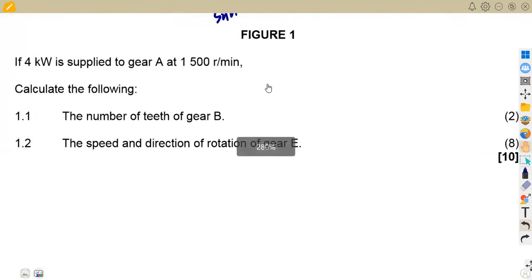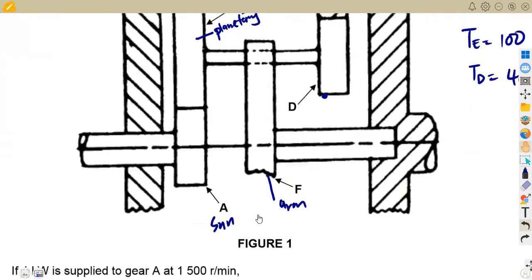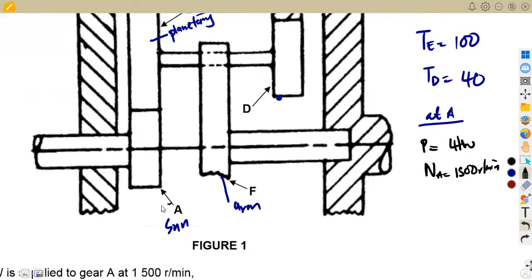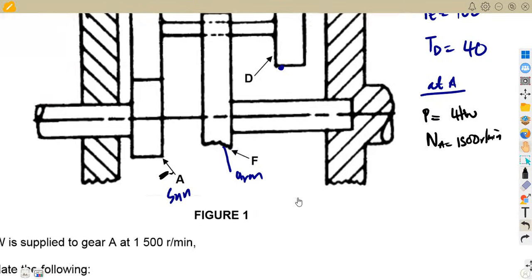So we are given the power at gear A, and also the speed of gear A. The power of the sun is 4 kilowatts, and the speed of A is 1,500 revs per minute.